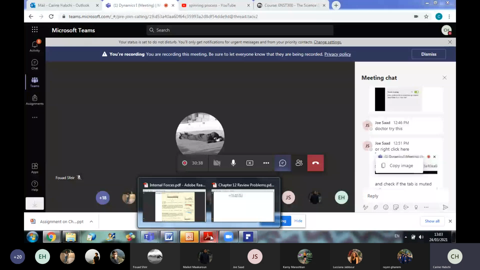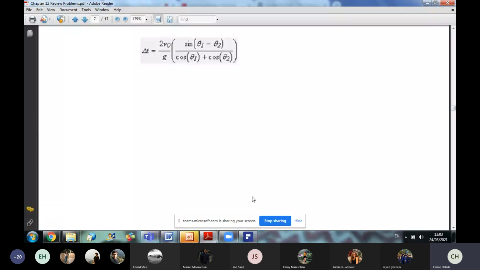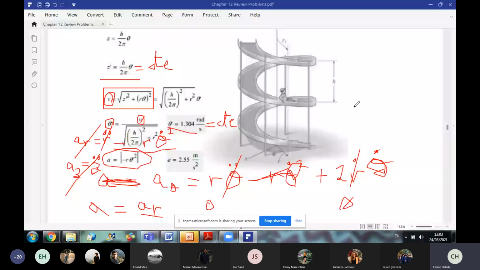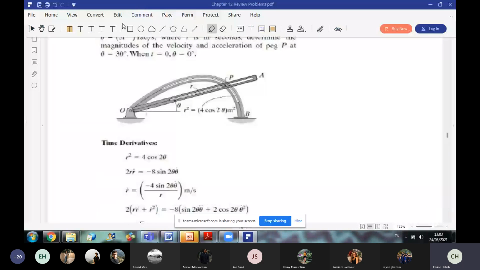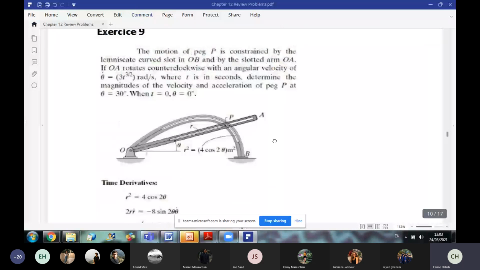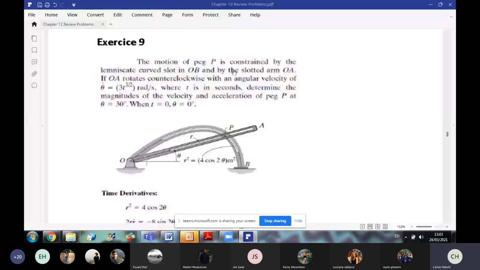So let me start another problem. The motion of point P is constrained by the curved slot in OB and by the slotted arm OA.